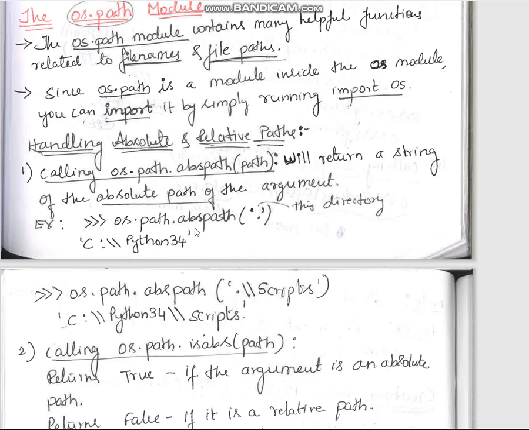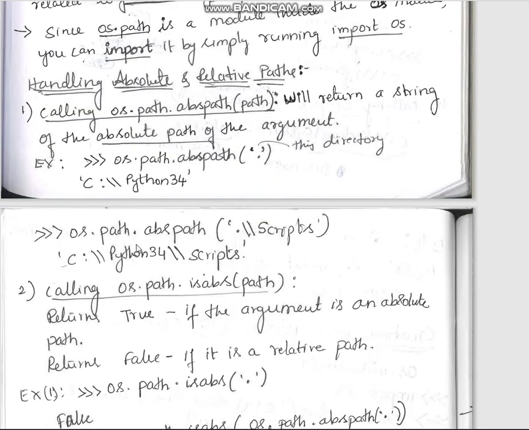And os.path.abspath('.'), if you give this, it will give you the current directory in which we are working. That is c:/python34, which we took in the previous video, you can refer to it. And os.path.abspath('.\\scripts') we have given here, to know the absolute path of scripts, which is present inside the Python 34 folder.